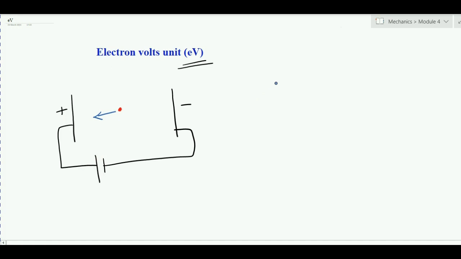During this process, this electron will acquire an energy which is equal to QV, where Q is the charge of the particle, the electron here, which is 1.602 times 10 power minus 19 coulomb, and V is the potential we have applied. Let's say we have applied 1 volt, so we can take V equal to 1.